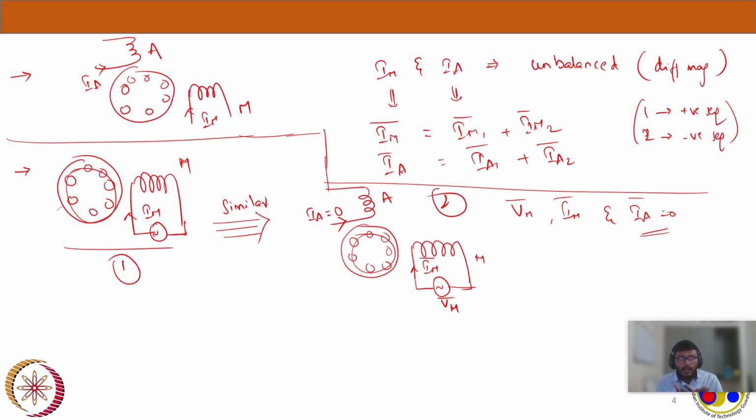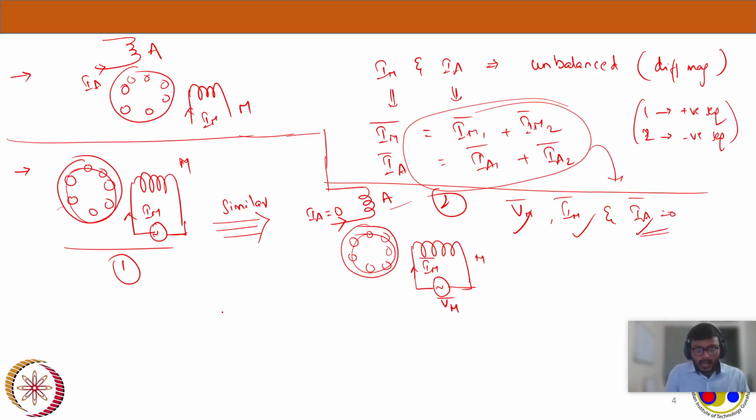My auxiliary winding is carrying current IA, which is zero. I'm just terming it as IA, but the value is zero. So IM and IA might be unbalanced two-phase currents. So I have VM, I have IM, I have IA, which is zero. With this idea of balanced currents, I'm trying to apply it here.